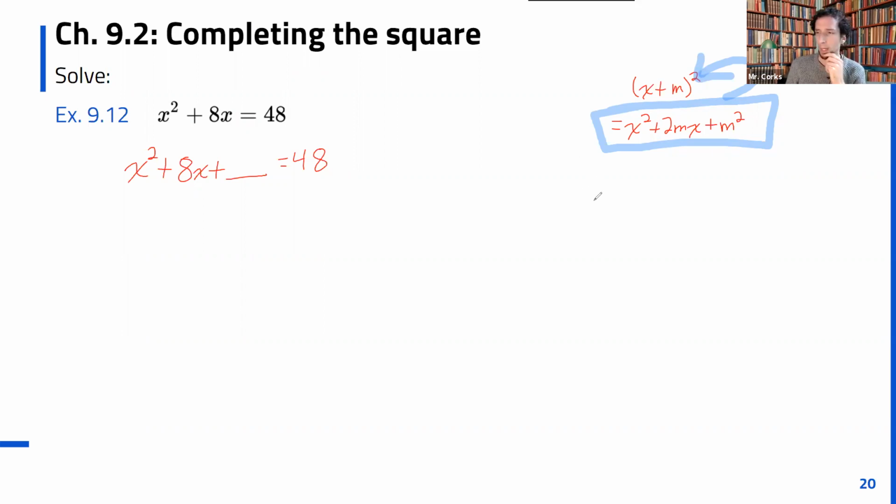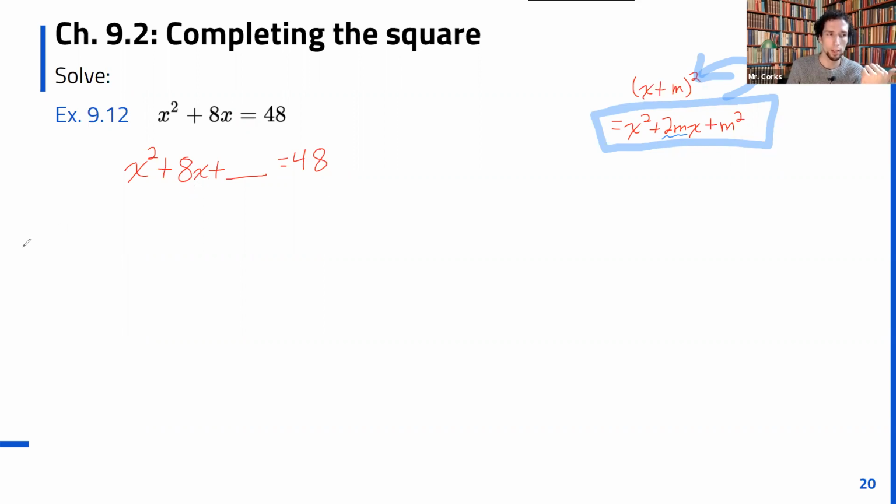Can anyone tell me how we could do that? 16 maybe, because we need 4. Okay, so where's the 4 coming from? 8x equals 2 multiplied by mx. Okay, so if the b value is 2m, then m is just half of the b value.